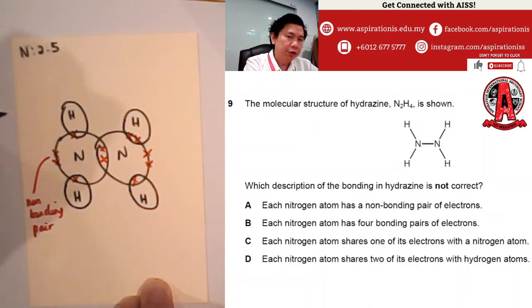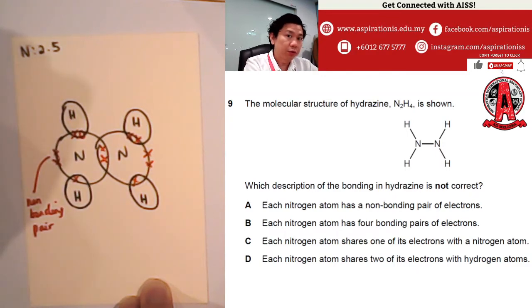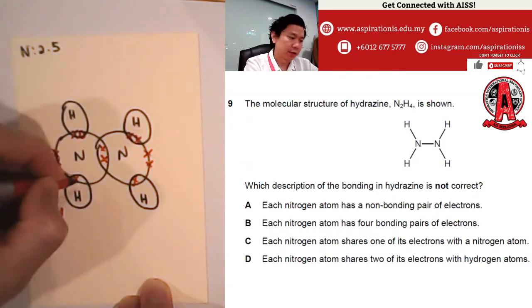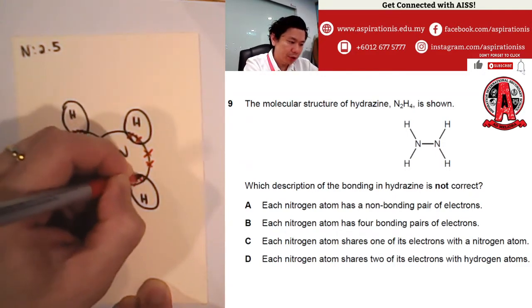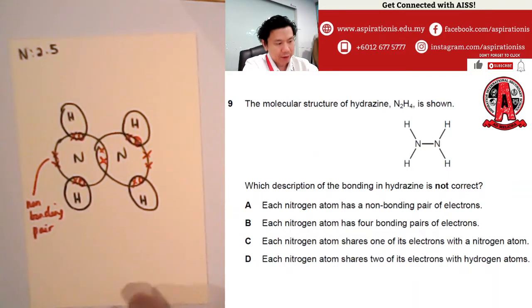Hydrogen has 1 valence electron, so it will need to share 1 electron. So this is how it looks like. So hydrogen has no non-bonding pair.